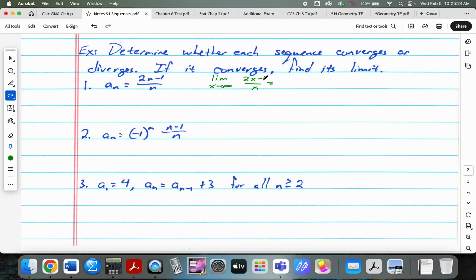All right, so if x was 1, that'd be 2 minus 1 is 1 over 2, a half. And if x is 2, that's 4 minus 1 is 3 over 2. And then when it's 3, that's 6 minus 1 is 5. Oh, sorry, this was supposed to be 1 over 2, that's over 3.